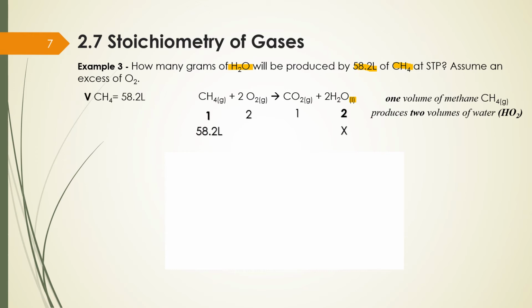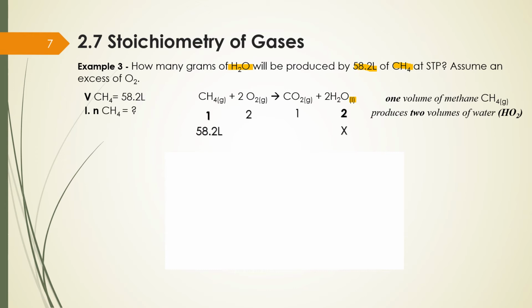So I'm gonna make a list of what I have and what I need to calculate. So I have the volume of CH4, so 58.2, and I need to calculate my first step, the number of moles, because from this volume I can only plug in here in moles because they are different.